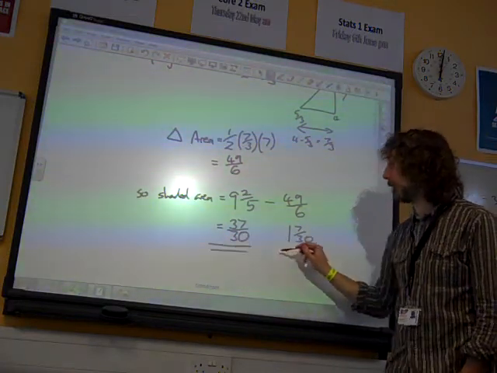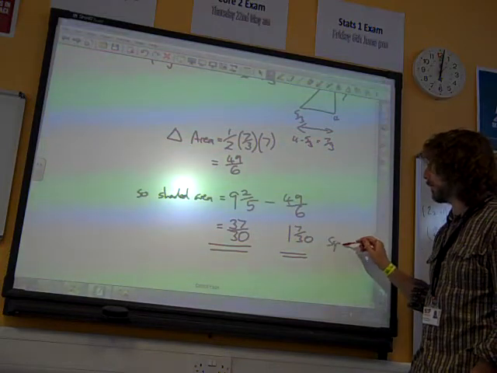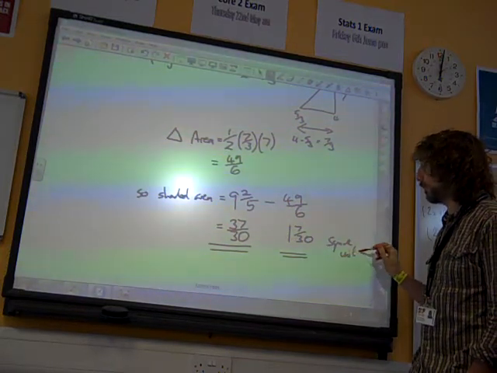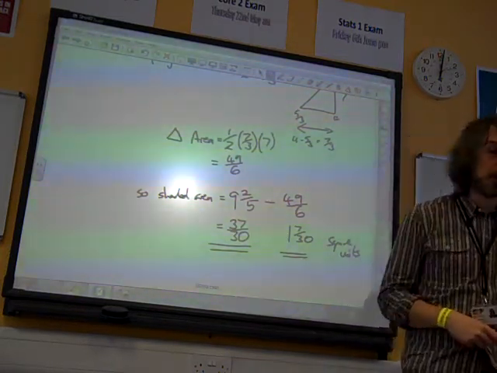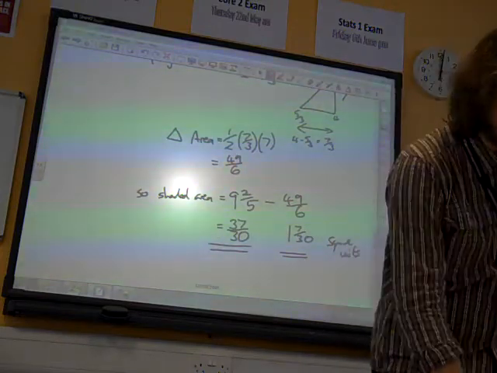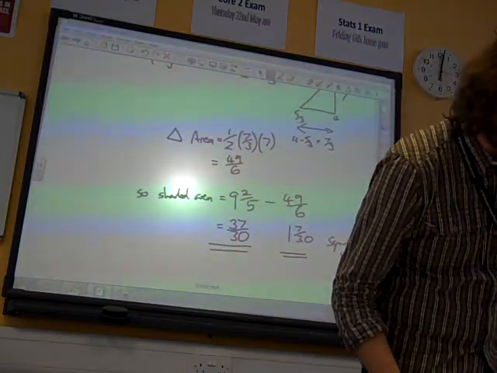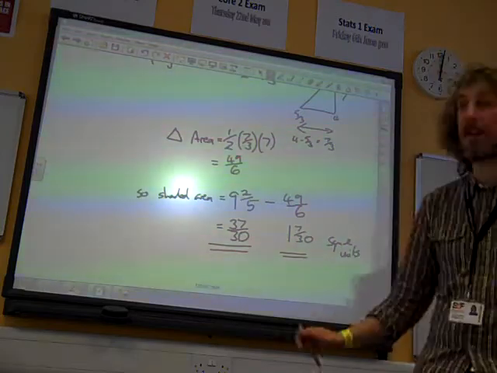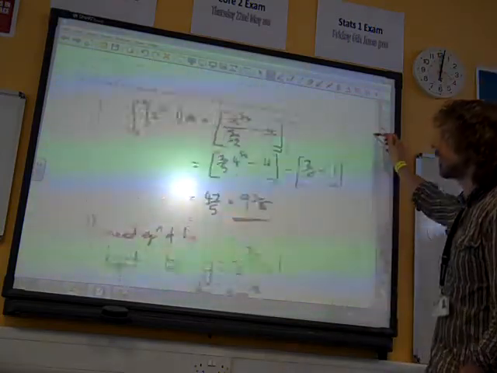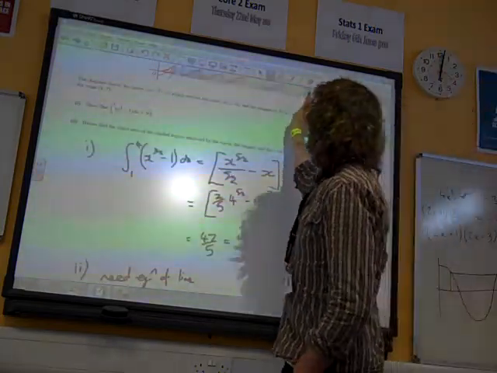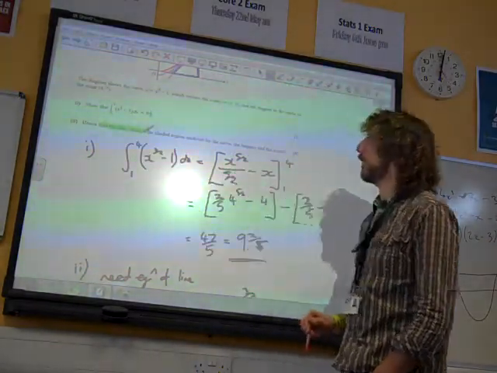Either one is acceptable. There we go. Square units. But make sure that you give your answer exactly, because the question did say find the exact area, so make sure you don't give this as a decimal at the end.